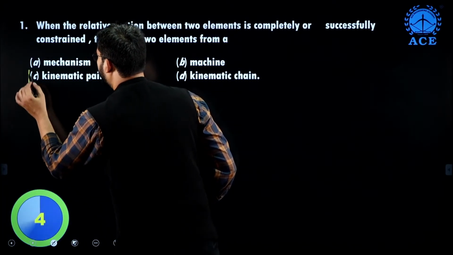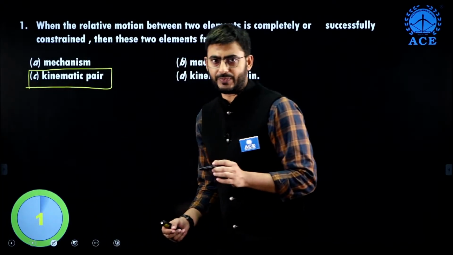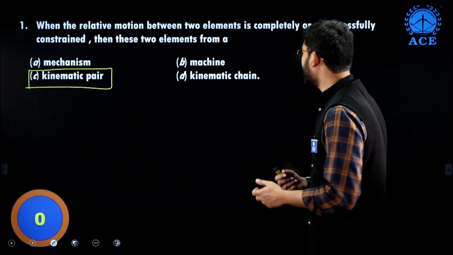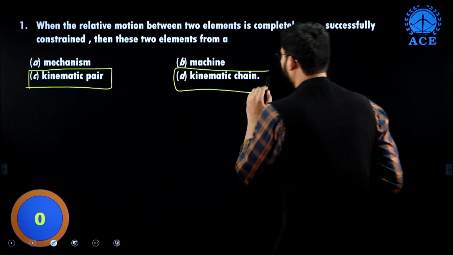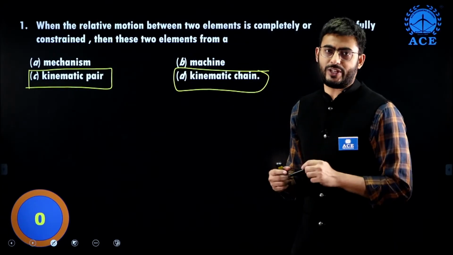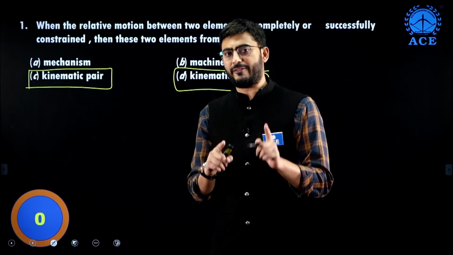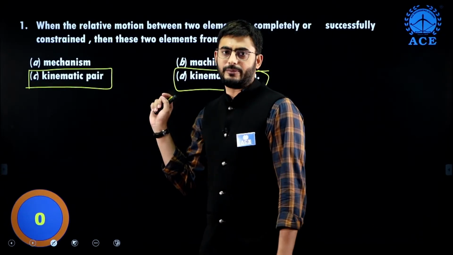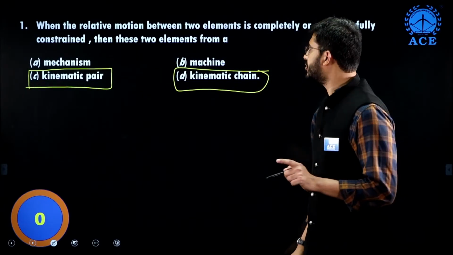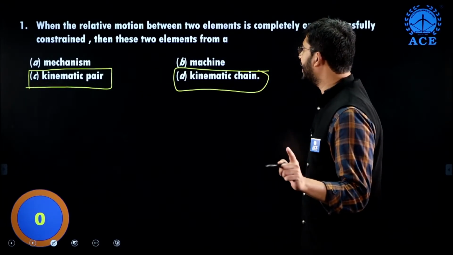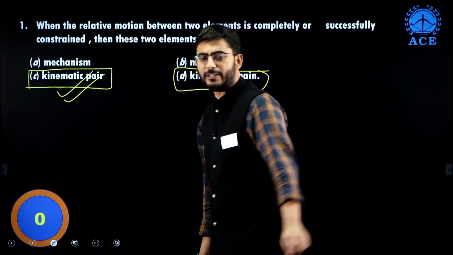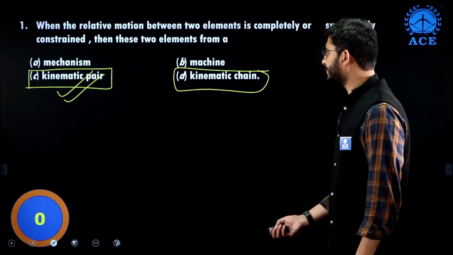In a mechanism we will have more links and more pairs. In a kinematic chain, the first link and the last link will be joined together, but none of the links will be fixed, whereas in a mechanism one of the links is fixed. As per the statement in the question, it is talking about 2 elements only, so it is going to form only a kinematic pair. So option C is the answer.